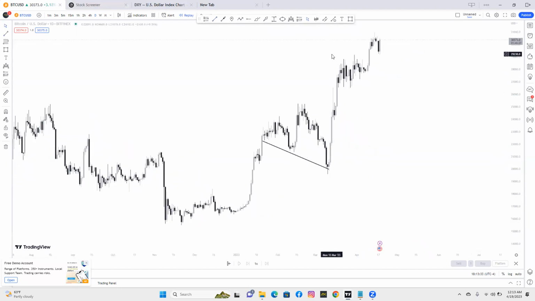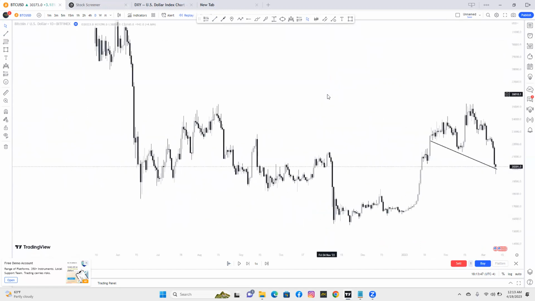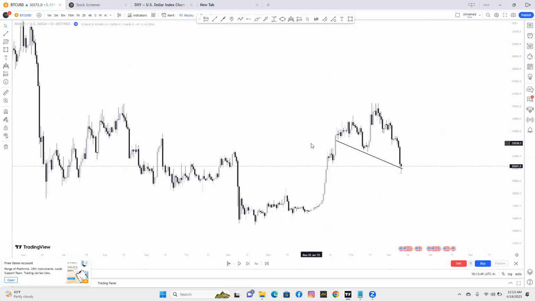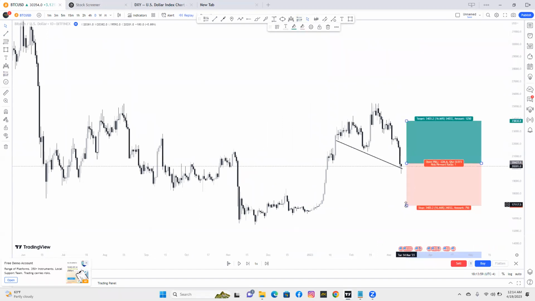So if you were to enter this position on the third touch, you see how price is there, guys? You have 1, you have 2, you have 3. Correct? And then let's say it says long. Obviously, on the third touch, I buy. That's what I was taught.